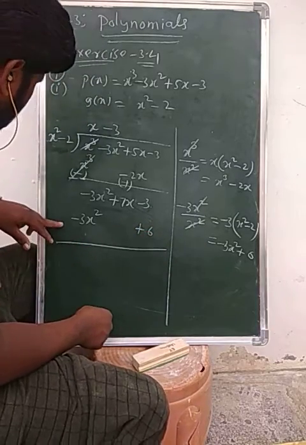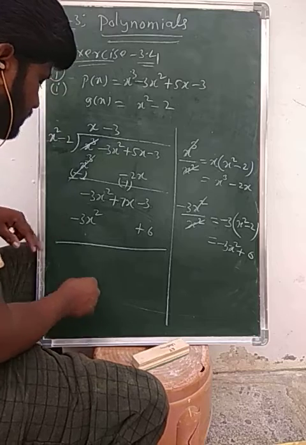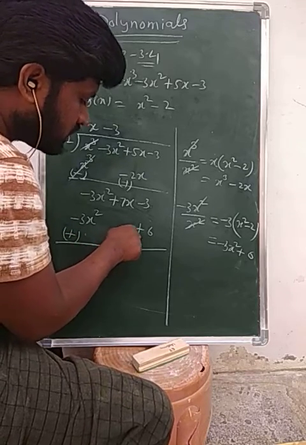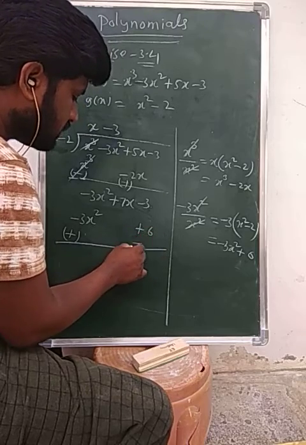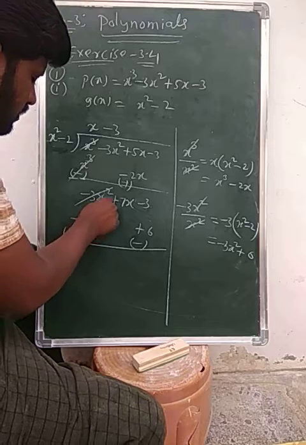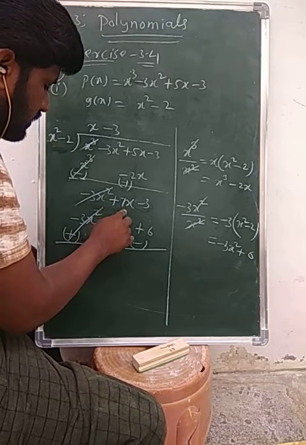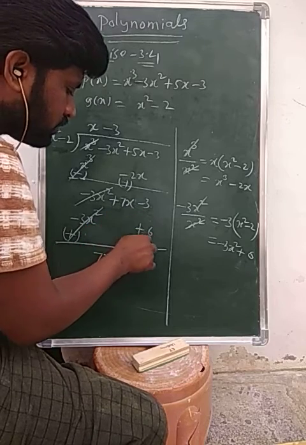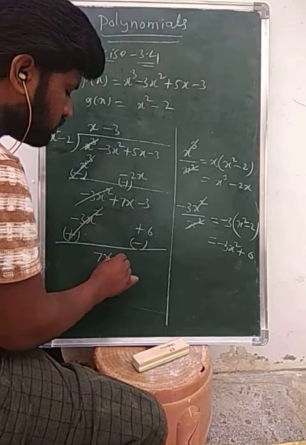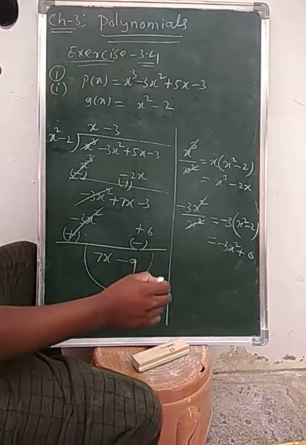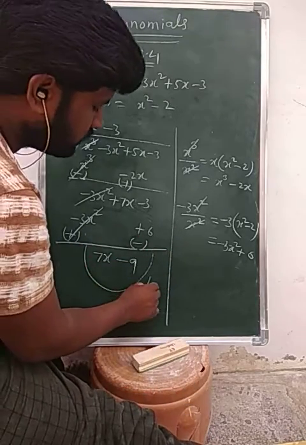By changing the sign, minus 3x square becomes plus 3x square, and plus 6 becomes minus 6. Now clearly minus 3x square plus 3x square cancel. Here 7x is there. Minus 3 minus 6, that is minus 9. You just observe what we get as the remainder.